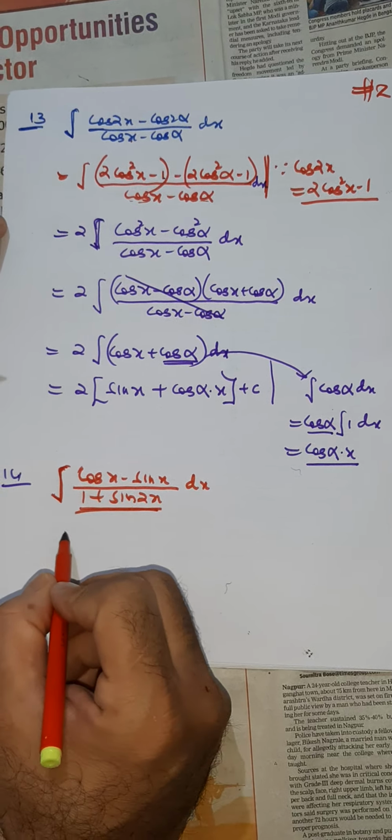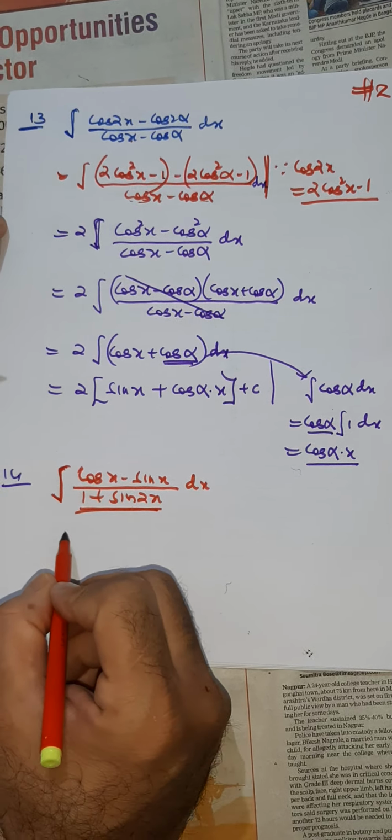I'll go to question number 16 here, which is tan raised to 4. Now we have such a power of a trigonometric function. What we usually do is reduce it into smaller functions. So we write here tan square into tan square. Why I did it like this, you will realize here.